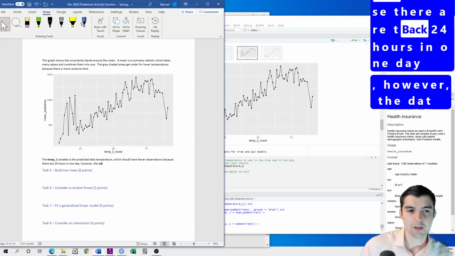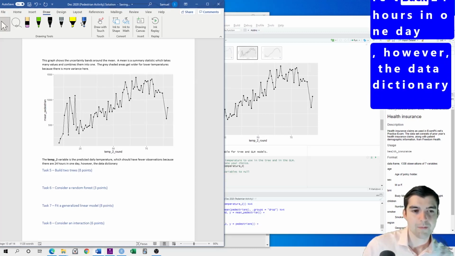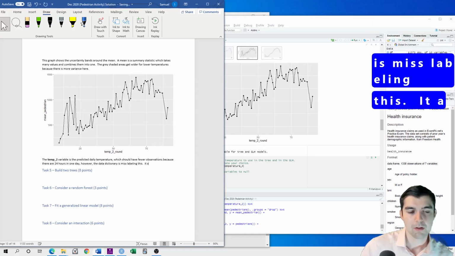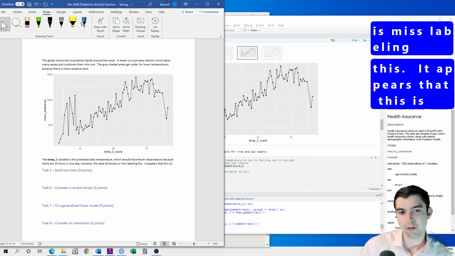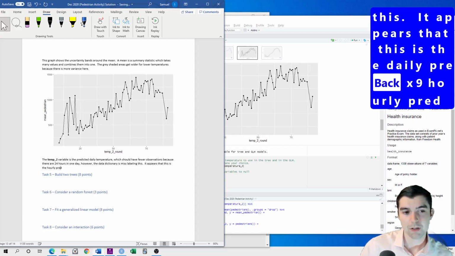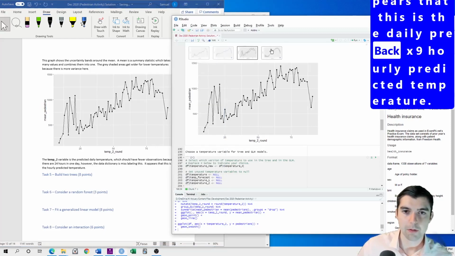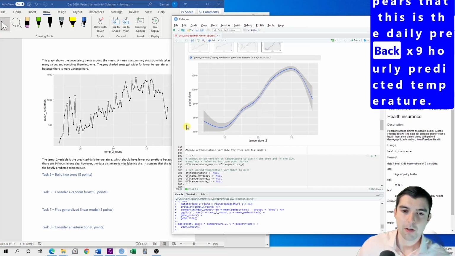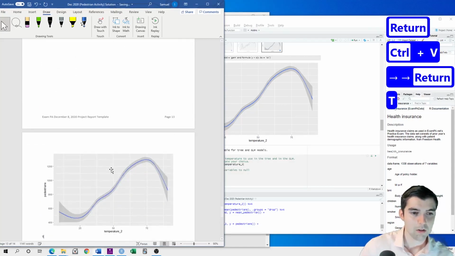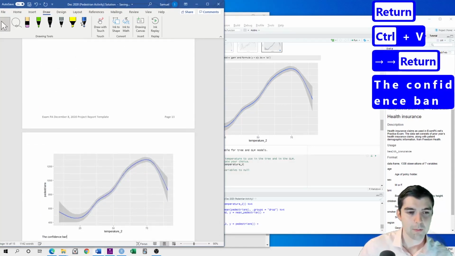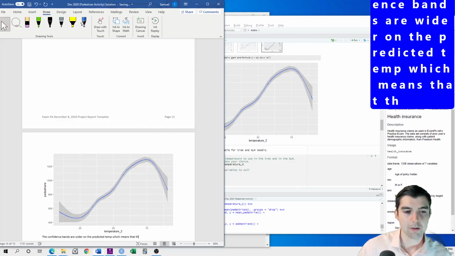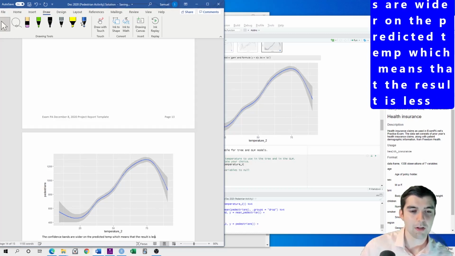However, the data dictionary is mislabeling this. It appears that this is the hourly predicted temperature. And then when we look at this, we can also see the confidence bands are wider. The confidence bands are wider on the predicted, which means that the result is less reliable.